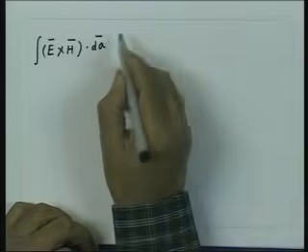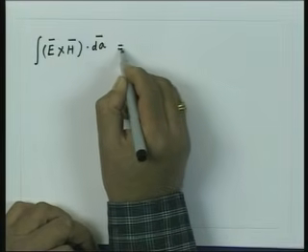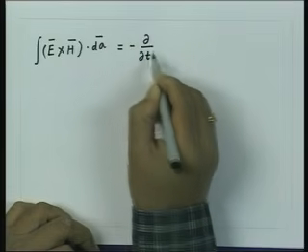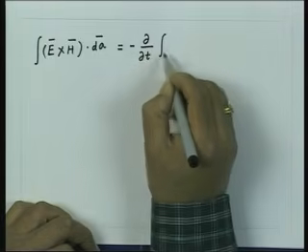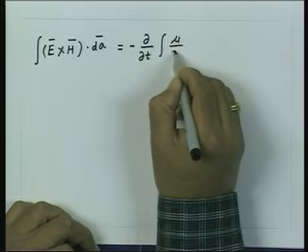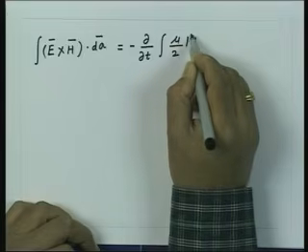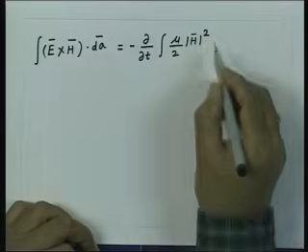and interchanging the sign for the time derivative and the integral sign, we get minus d by dt of integral mu upon 2 mod H square dV.